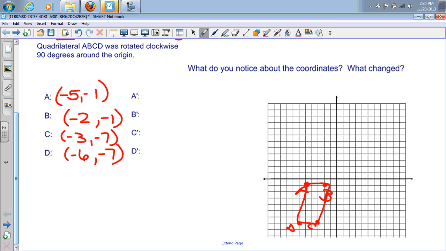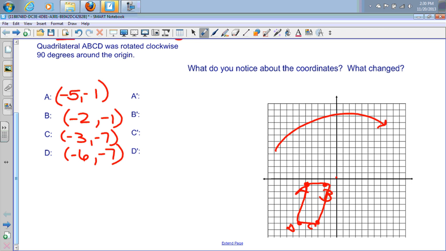Okay. We're going to rotate clockwise. So if this is our clock, clockwise is this direction, the direction the hands normally go on the clock, 90 degrees. Okay, so if we rotate this 90 degrees, how are we going to figure out 90 degrees?